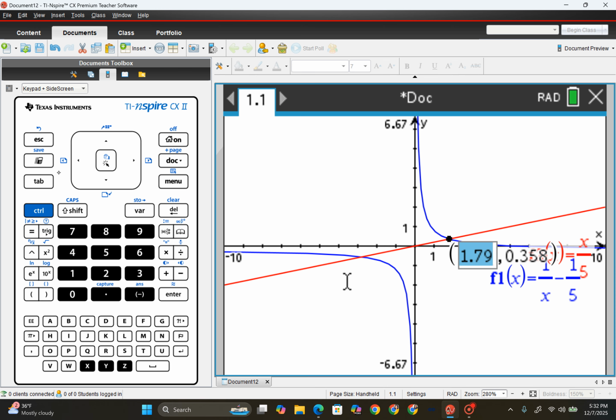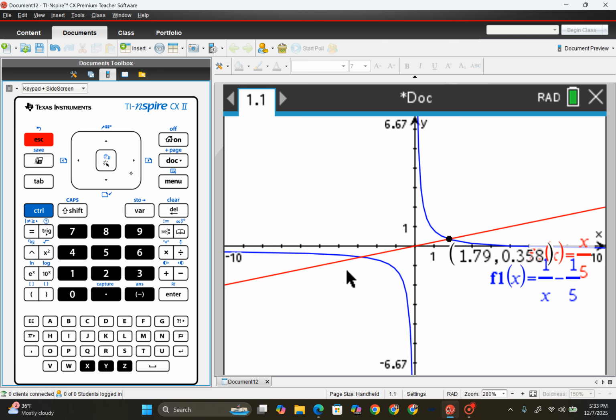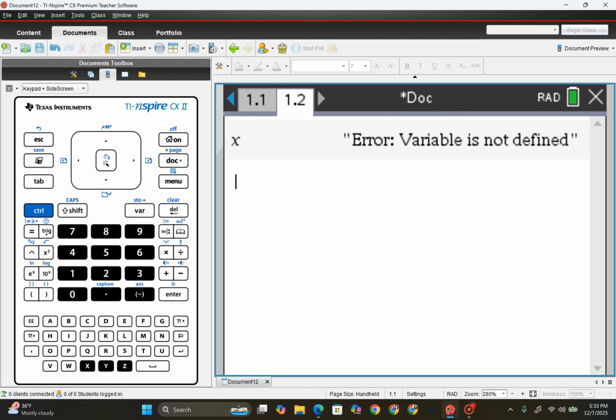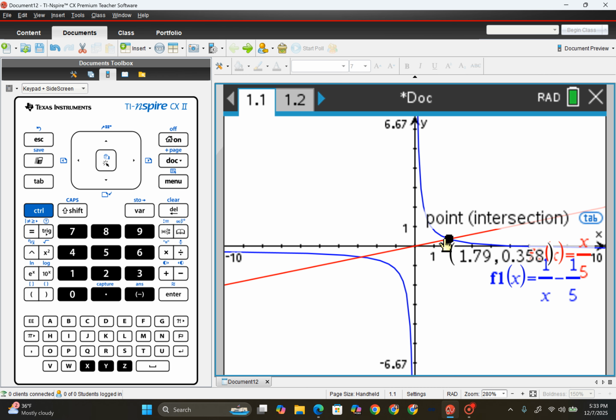If I get out of here, and I hit on, and I go to my calculator and I type in my x, no, it's not going to give it to me. There has to be a way.